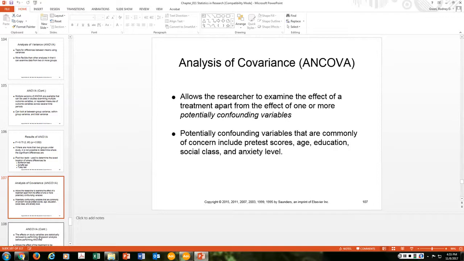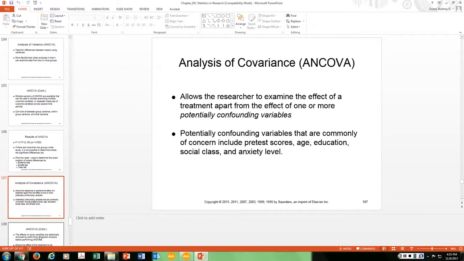Analysis of covariance allows the researcher to examine the effect of a treatment apart from the effect of one or more potentially confounding variables. Potentially confounding variables that are commonly of concern include pretest scores, age, education, social class, and anxiety level.